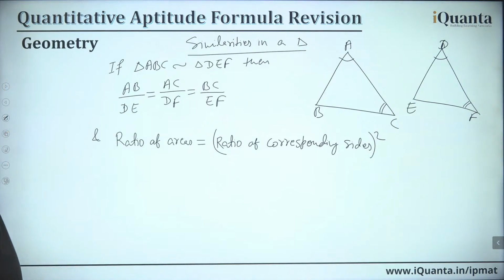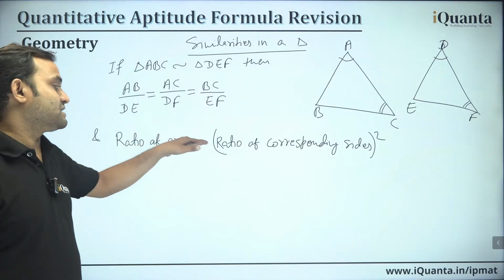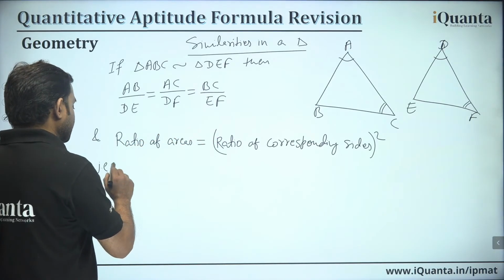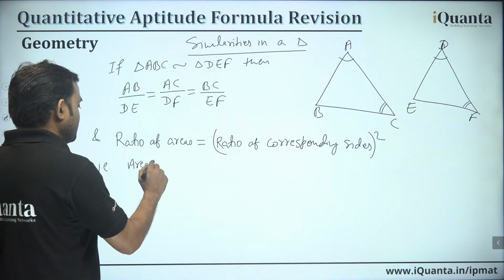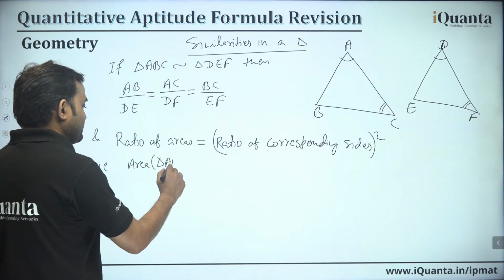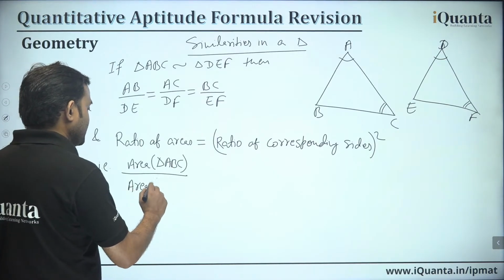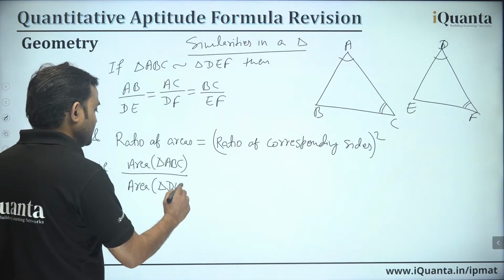So the ratio of areas of two similar triangles will be the same as the square of the ratio of corresponding sides, which we can write here as area of triangle ABC divided by area of triangle DEF.